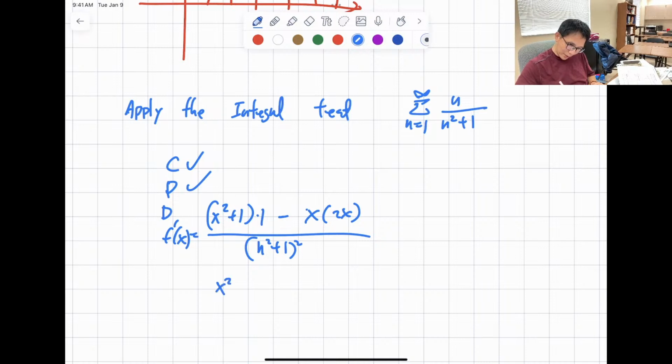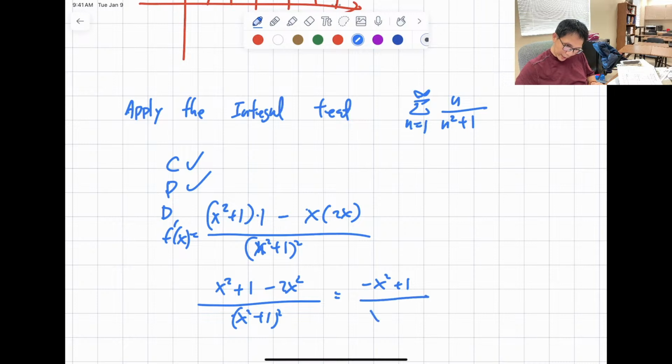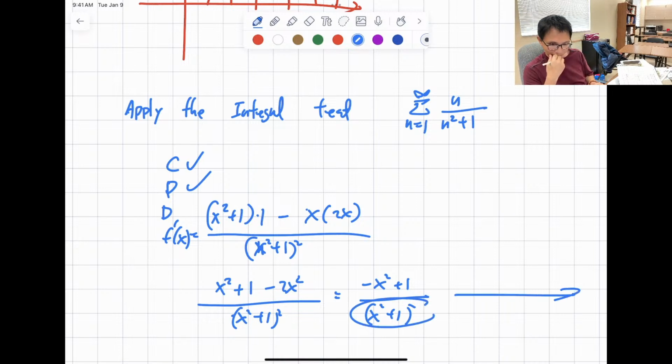So that's equal to x squared plus 1 minus 2x squared over x squared plus 1 to the square. So that's negative x squared plus 1 over x squared plus 1 squared. So the bottom part is always positive, doesn't matter what.